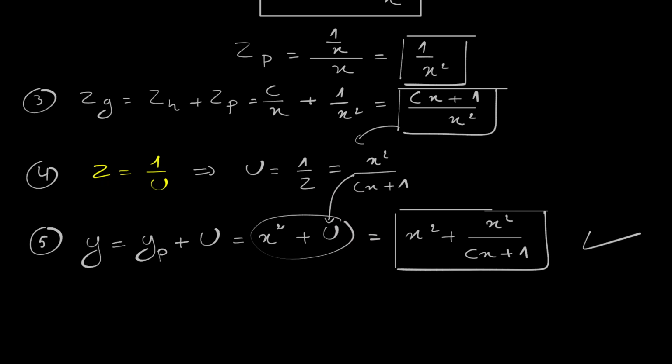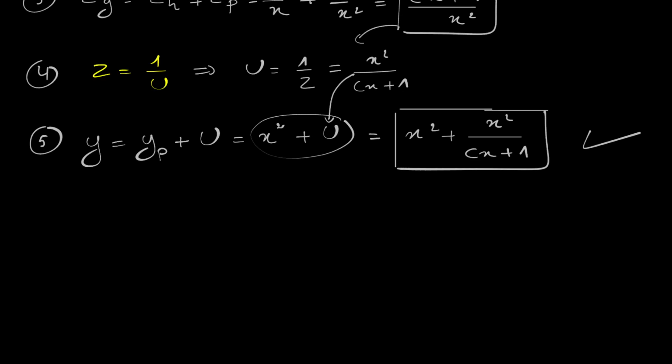We finished our example. So, in summary, solving a Riccati equation is a three-step process. Step 1 is using the given particular solution to transform the equation into a Bernoulli equation.